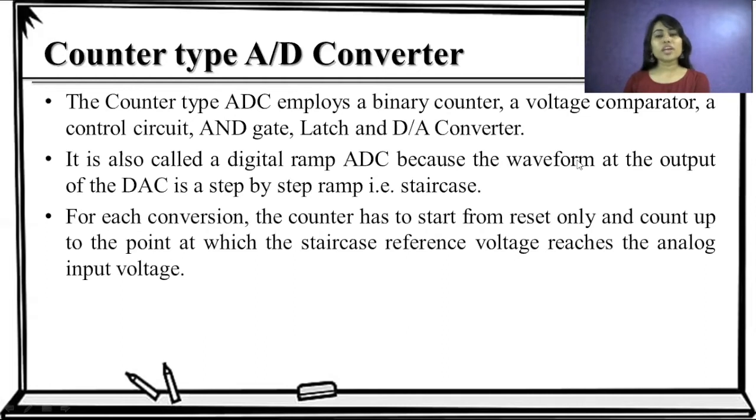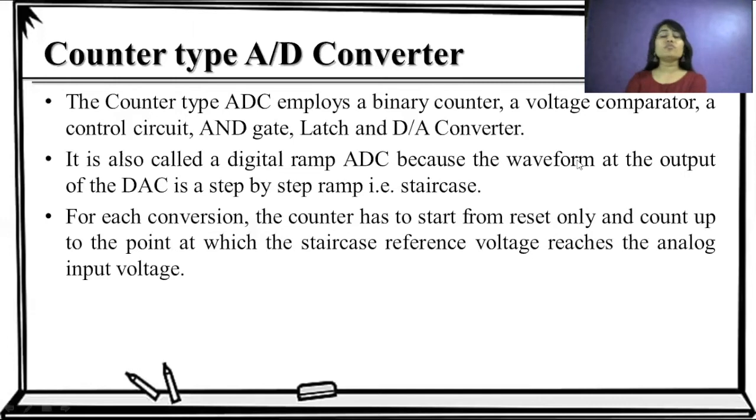The counter has to start from reset, that is 0 0 0 and so on, according to the number of bits. So the counter starts from 0 and counts the values up to the point where we have a value approximately similar to the analog input voltage.